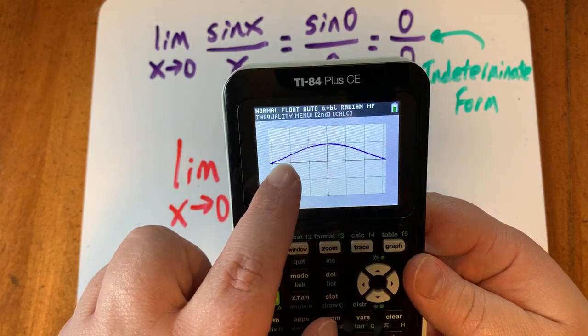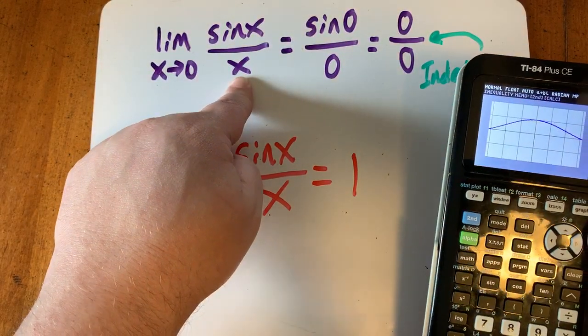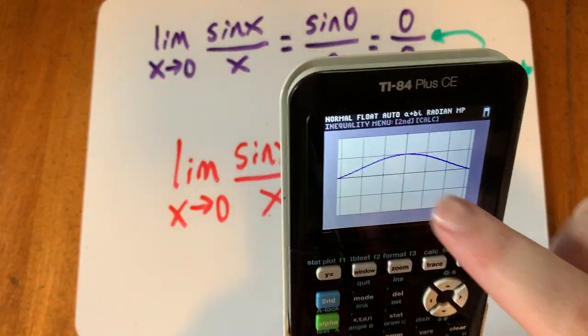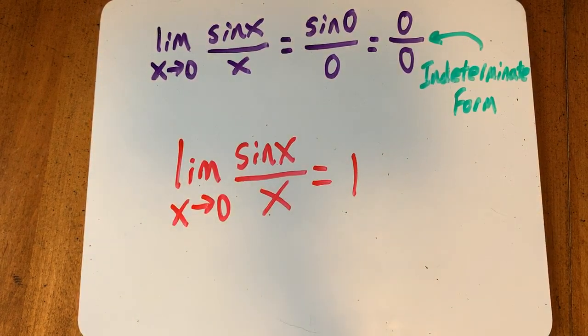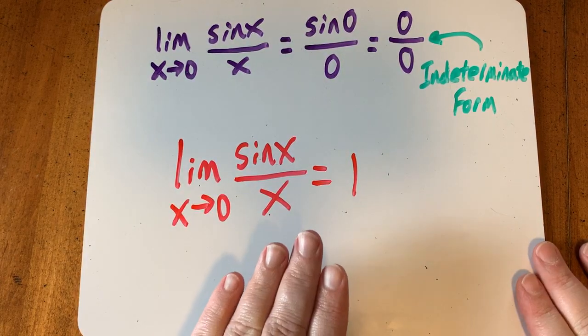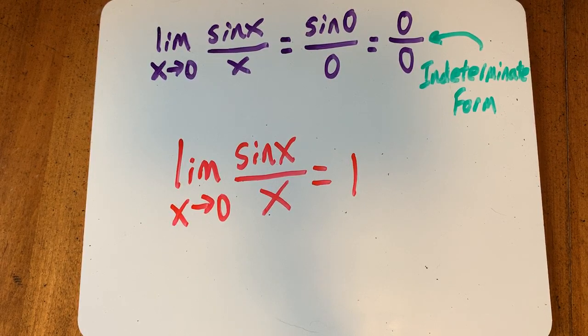So if you see, we've got that smooth curve, but because of this divide by x, we have a hole at 0. But that hole is at 0, 1. So the left side and the right side are both approaching 1. All right? This is a general rule for taking a limit of a trig function.